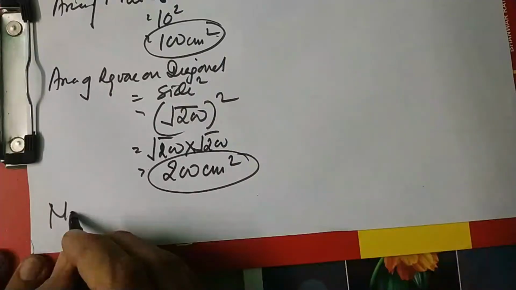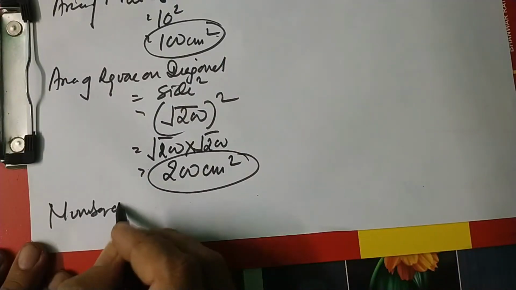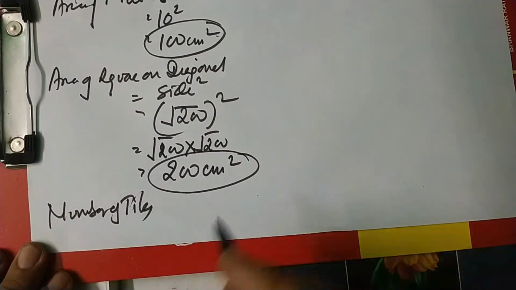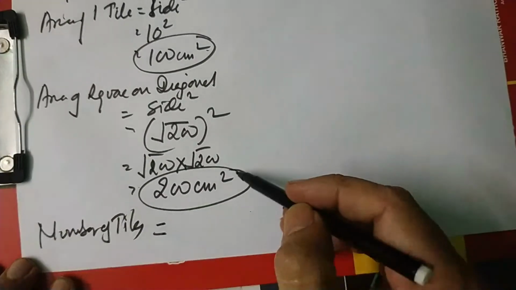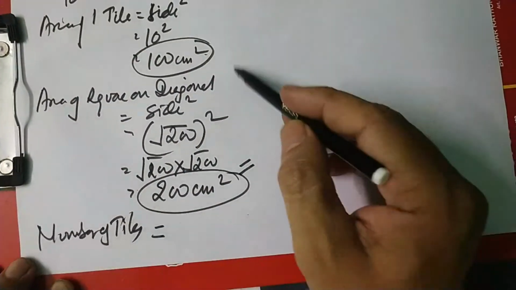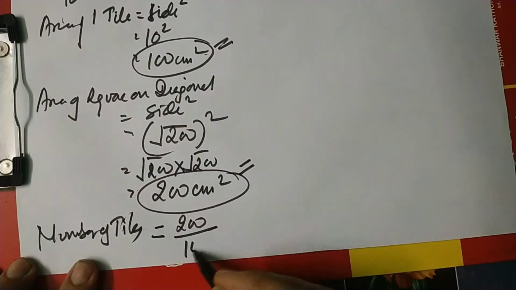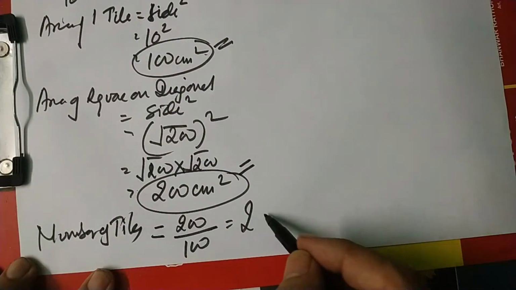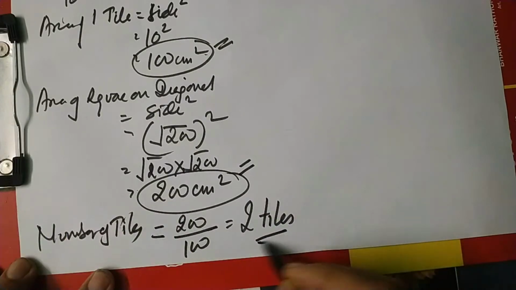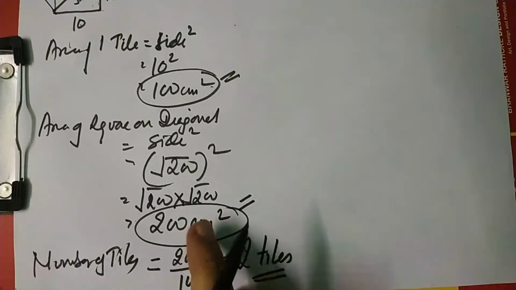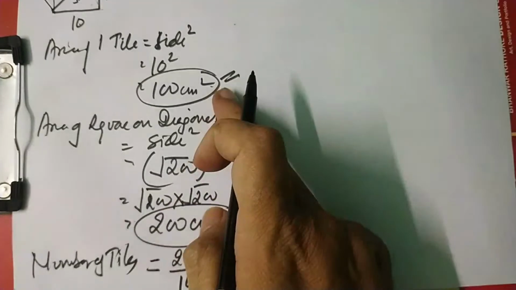So you will find the number of tiles. For that you will divide this area by this area. So 200 upon 100, 2. Answer is 2 tiles. So this is a bigger one, this is a smaller one.